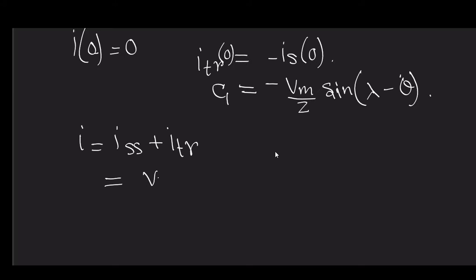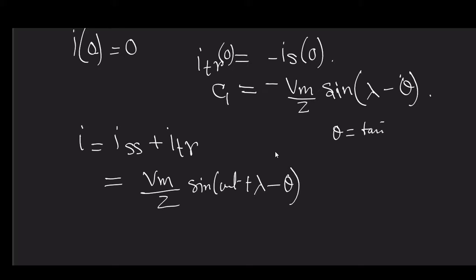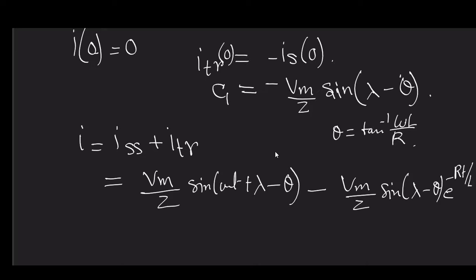The complete expression is Vm by Z sin(omega t plus lambda minus theta), where theta is tan inverse omega L by R, minus Vm by Z sin(lambda minus theta) e to the power minus Rt by L.